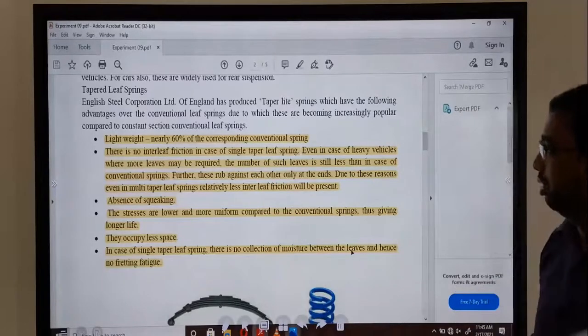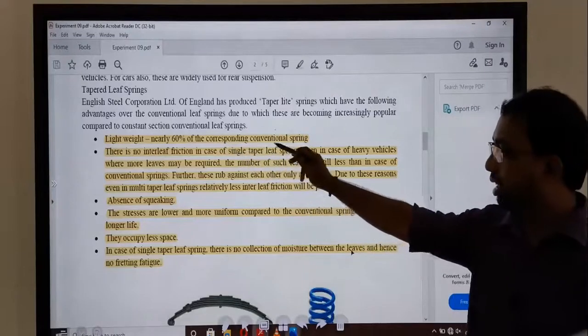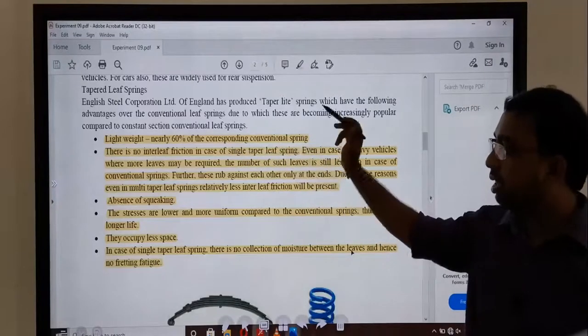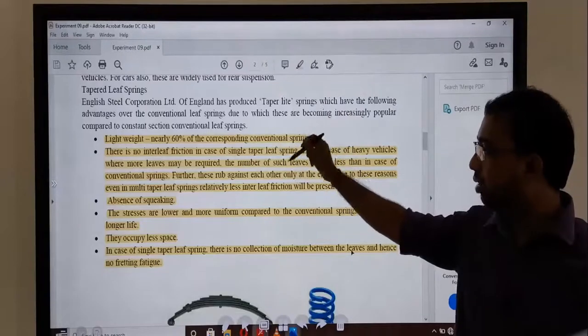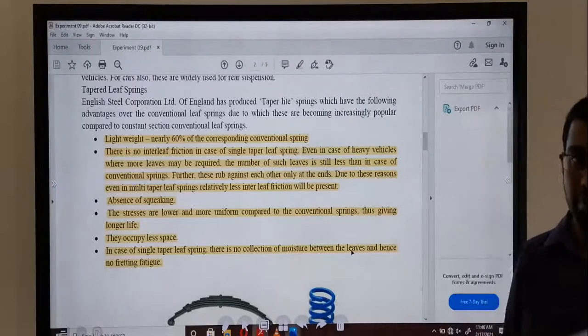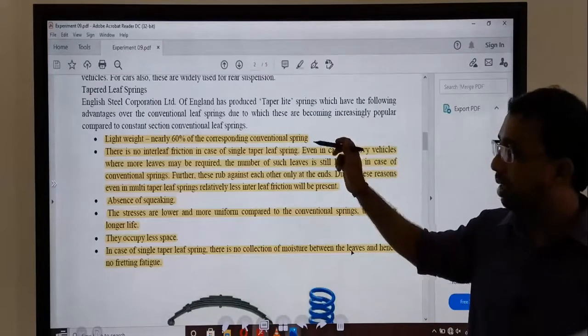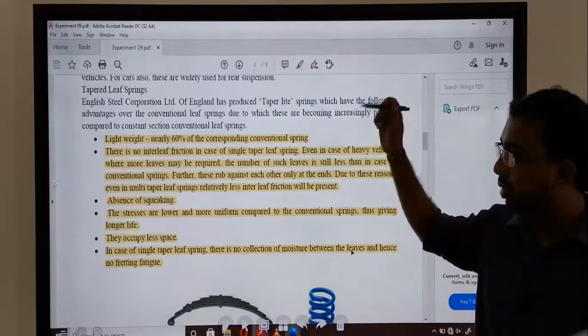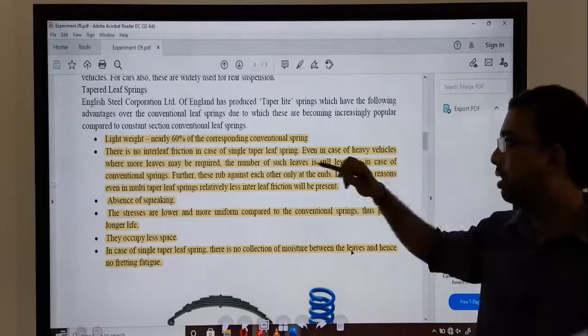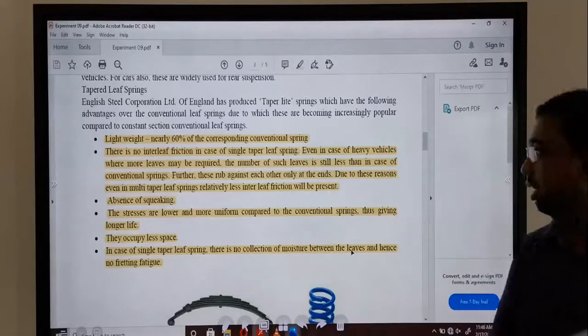If the conventional spring weight is 100, the weight is reduced by 60%. So the weight is normally decreased by 60% compared with the conventional spring.